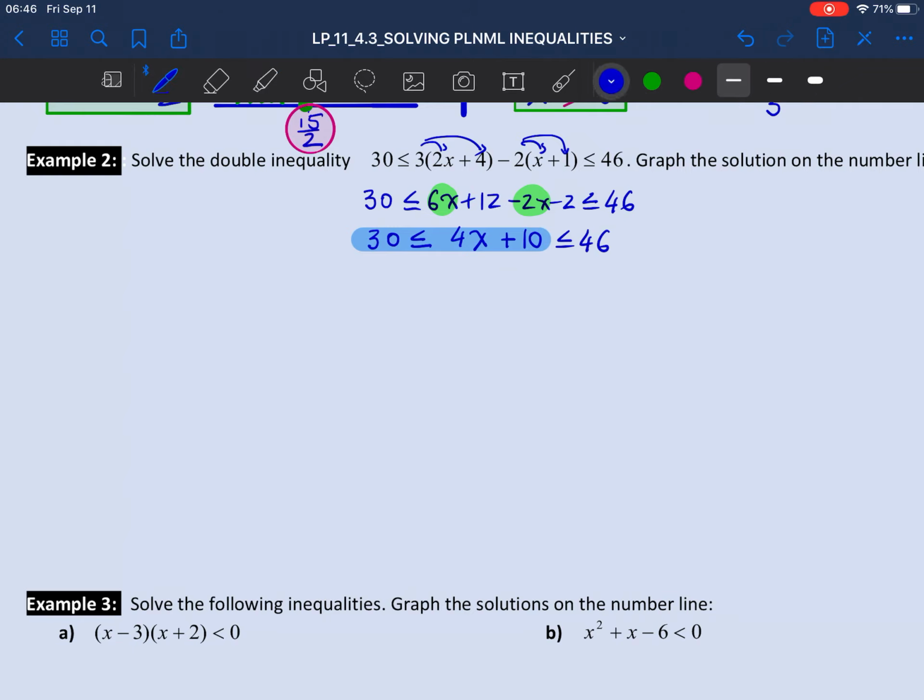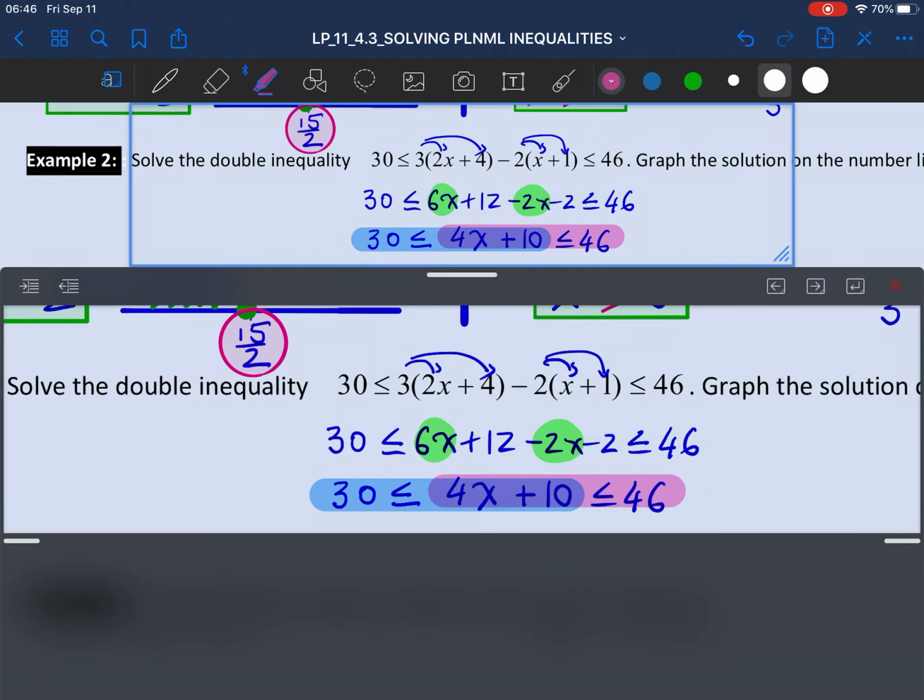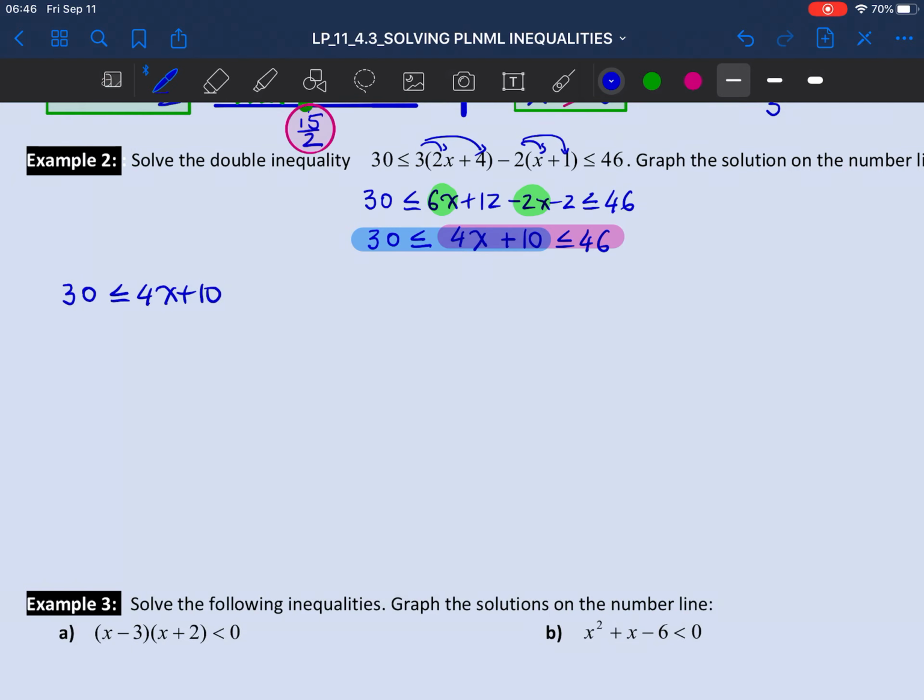So the left side inequality, which will be 30 less than or equal to 4x plus 10, and the right side inequality, which is 4x plus 10 less than or equal to 46. So I'll put them together in a system and I will start solving, just like I would normally solve any inequality.